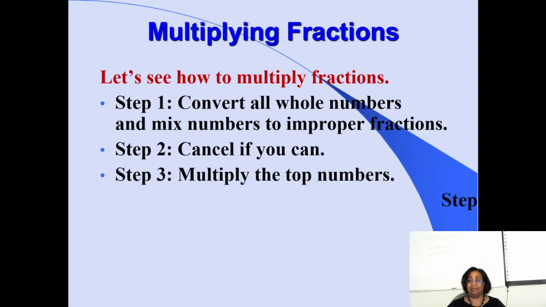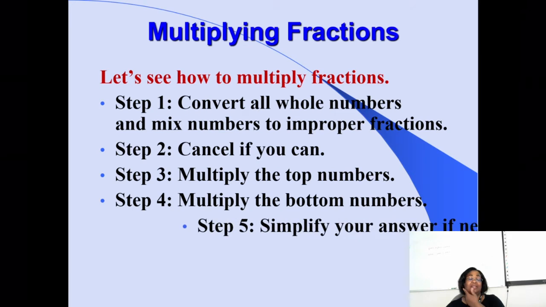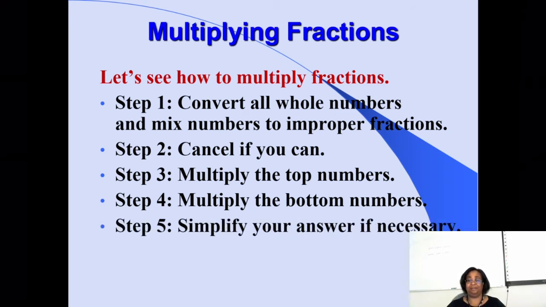Then step 4, multiply the denominators. And always check your answer to see if it can be reduced further, because you might have forgotten one, okay? So those are the steps, and I think I already listed these steps for you guys. Oh, okay, it's on page 4 in your packet.